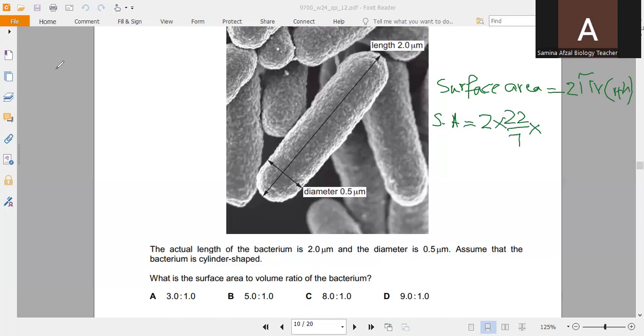The diameter is 0.5, so we divide 0.5 by 2, which is equal to 0.25. So 0.25 times (0.25 plus height 2). After this calculation, I have got this answer, 3.53.